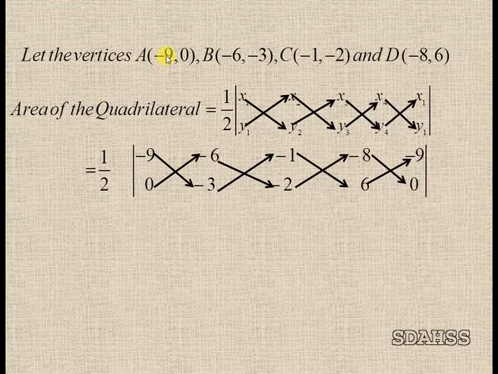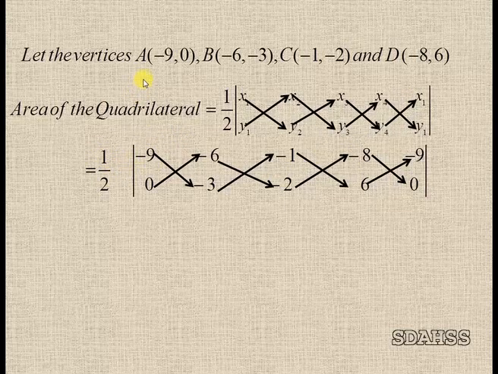Then first point as x1 y1, second one as x2 y2, third one as x3 y3 and fourth one as x4 y4. Write the formula. Area of a quadrilateral is equal to half into the determinant x1 y1, x2 y2, x3 y3, x4 y4, x1 y1. Substitute all the values in the formula.